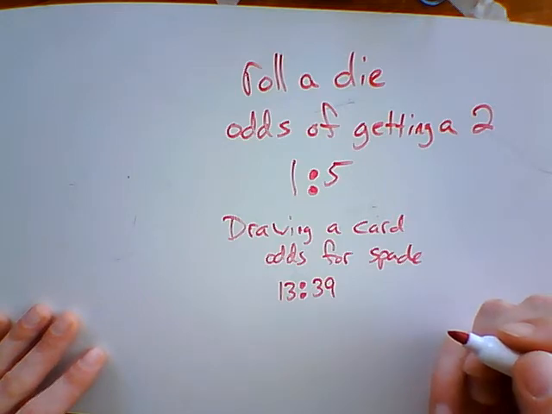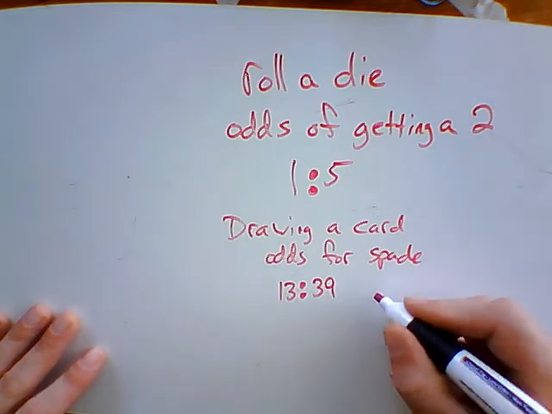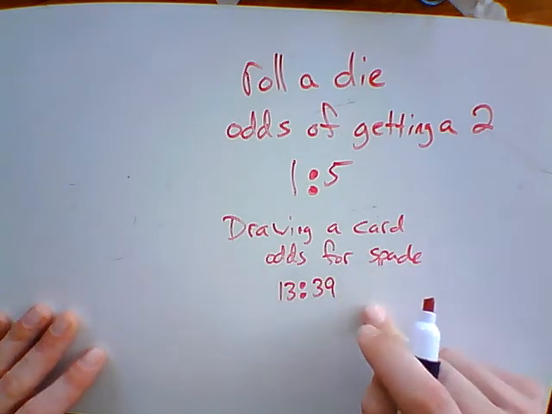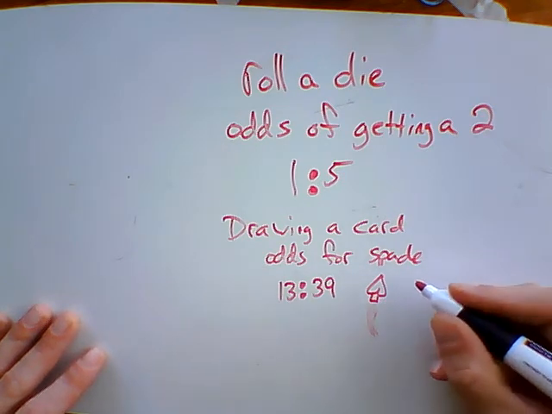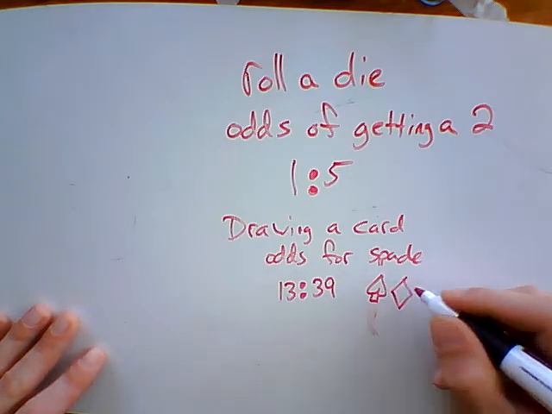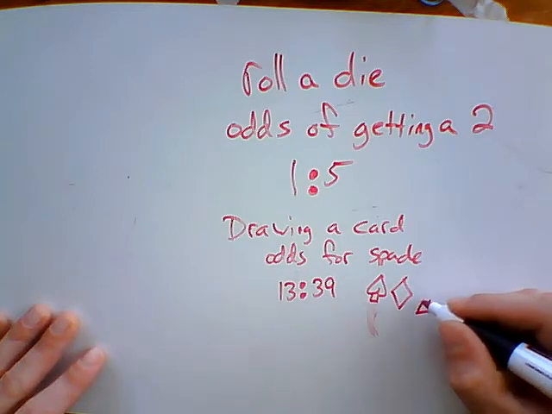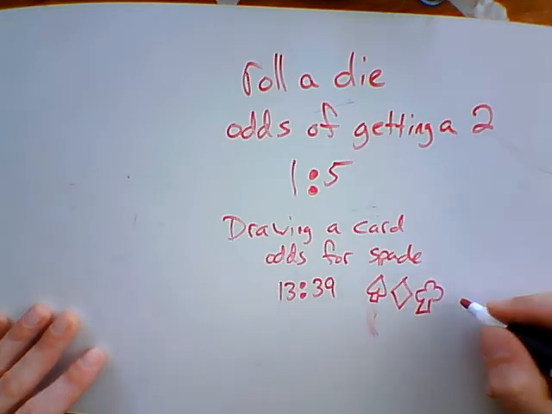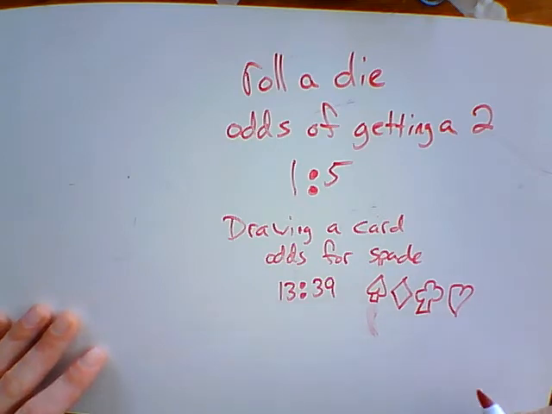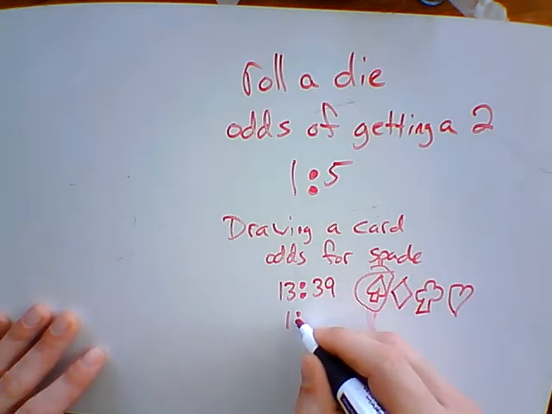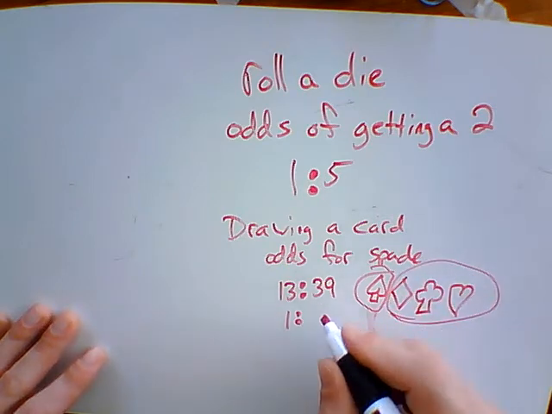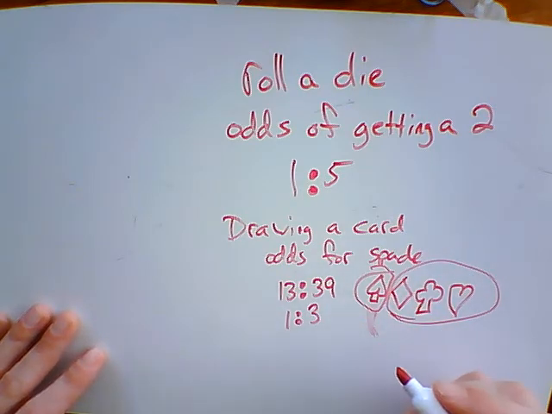Which reduces, also there's 4 suits. Oh, I can't do a spade anymore. It's an upside down heart with the stem. Diamonds, clubs, and hearts. One of them is a spade, and the other 3 are not. So the odds of getting a spade are 1 to 3.